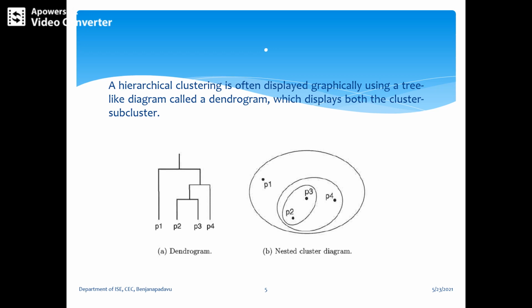For a set of two-dimensional points such as those that we will use in examples, a hierarchical clustering can also be graphically represented using a nested cluster diagram, as we have seen in this diagram. So these are the two types of figures for a set of four points P1, P2, P3, P4. These points were clustered using the single link technique we are going to discuss next.